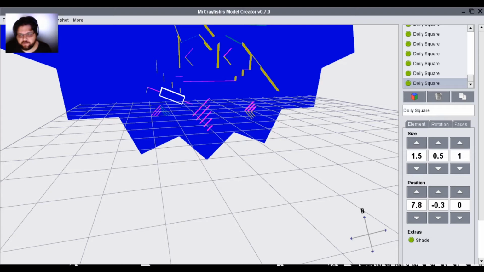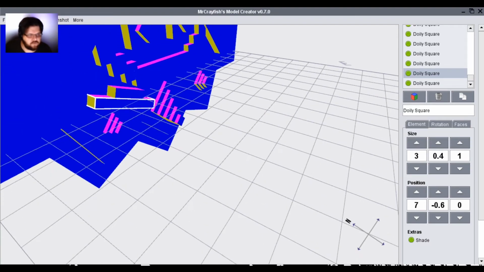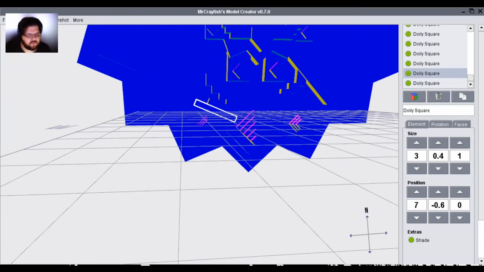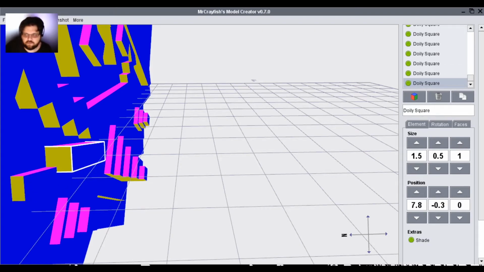And, I don't want that out so much. 0.7? 0.5. 0.6. 7.